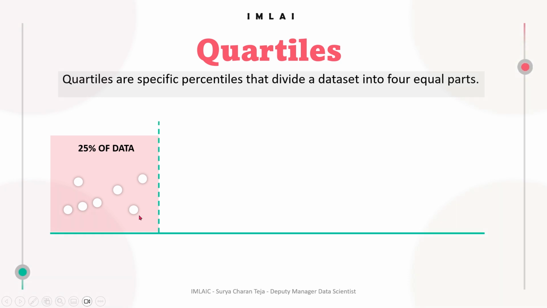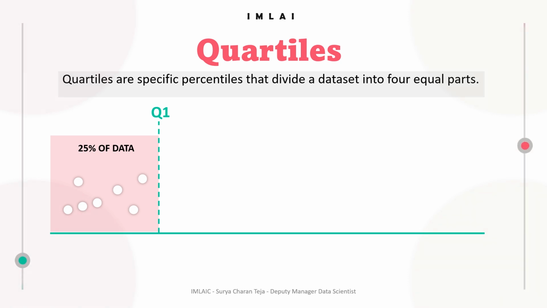The value which holds the 25% of the total data points, or the total data records or observations, is known as quartile 1 or Q1. The value below which 25% of data falls is known as quartile 1. That percentile value is known as quartile 1.